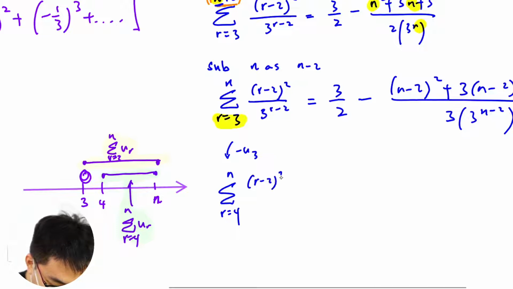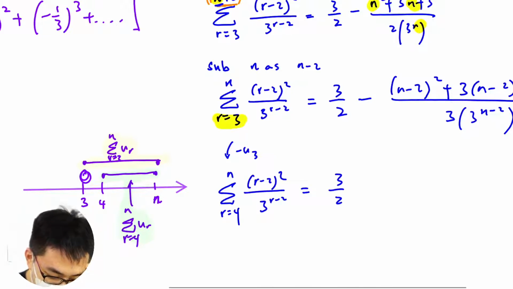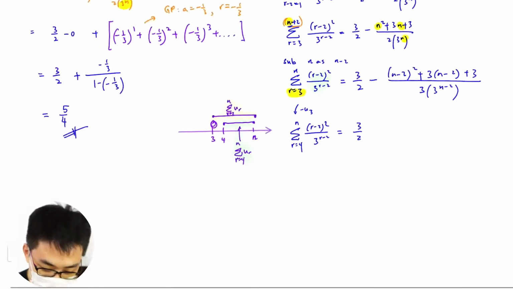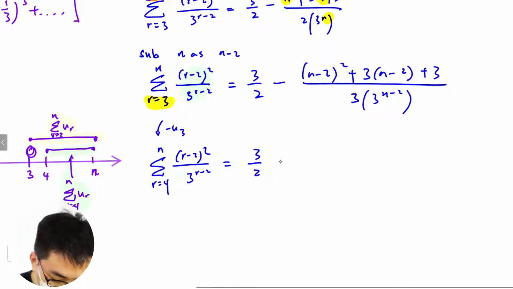r minus 2 squared, 3 to r minus 2. For u3, just replace it inside here. This is u_r, right? u3 is there. Can I just expand this?